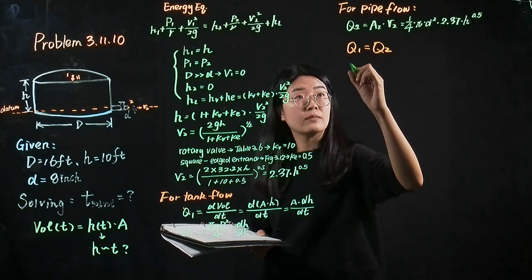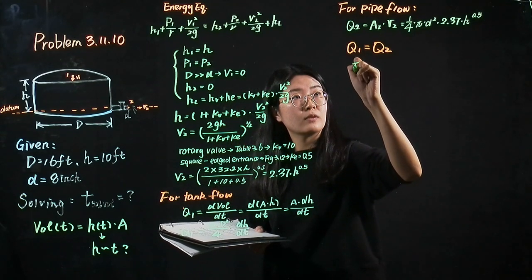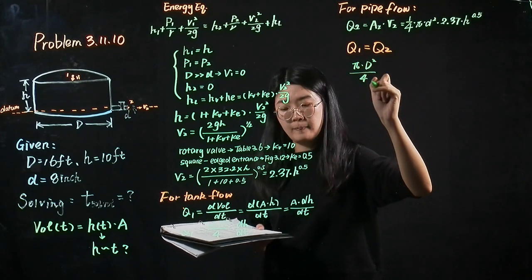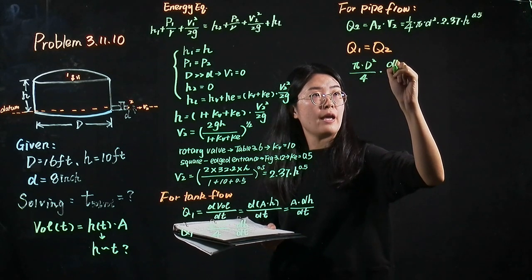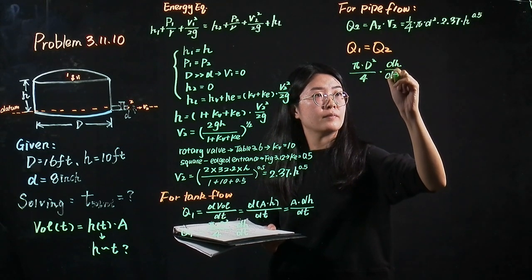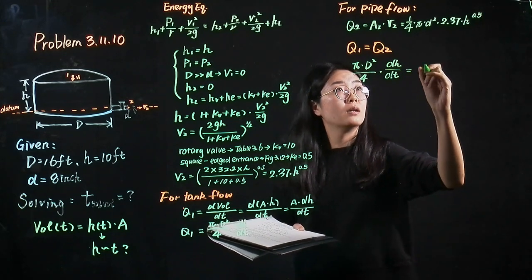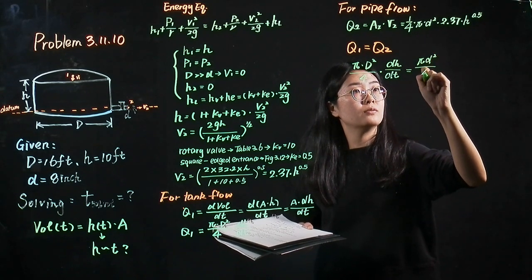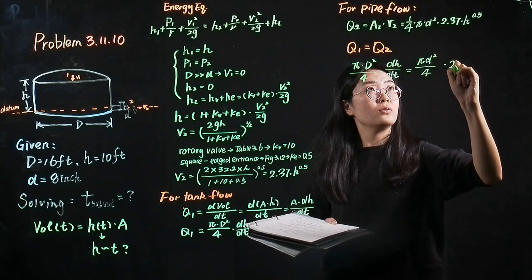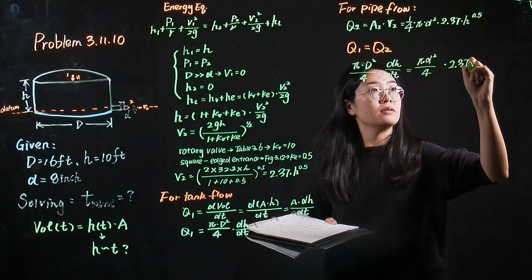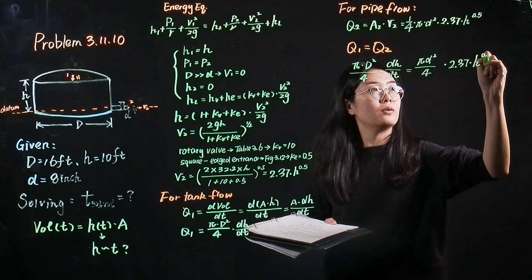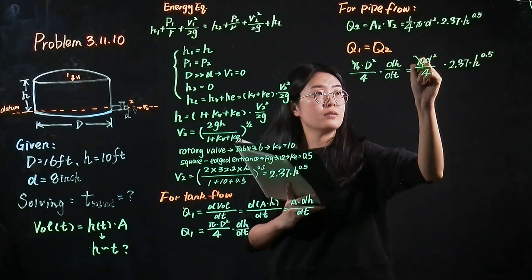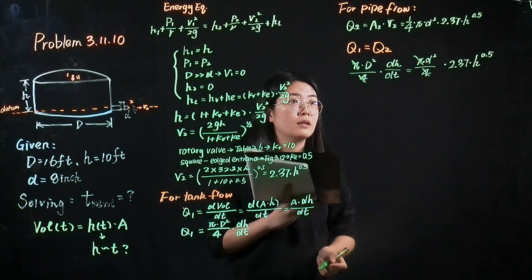So pi times D squared over 4 times dH over dt is equal to pi d squared over 4 times 2.37 times h to the power of 0.5. These terms can be cancelled.